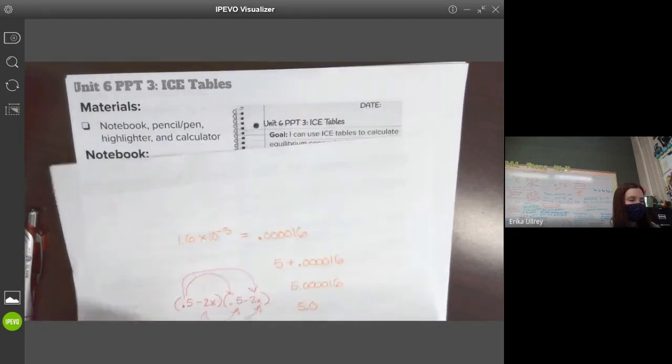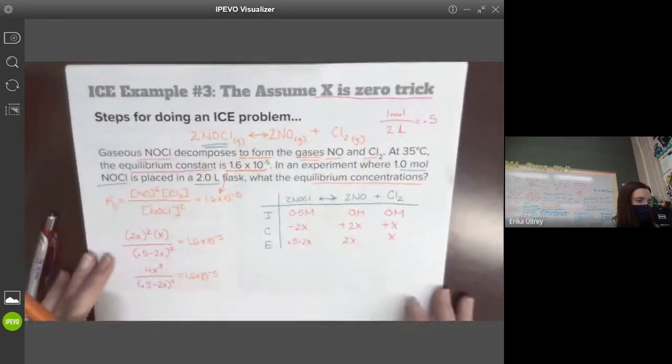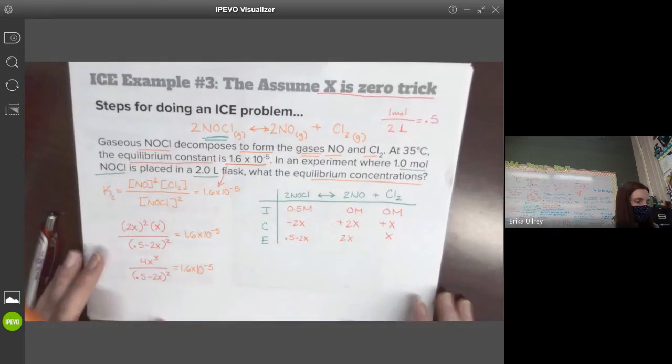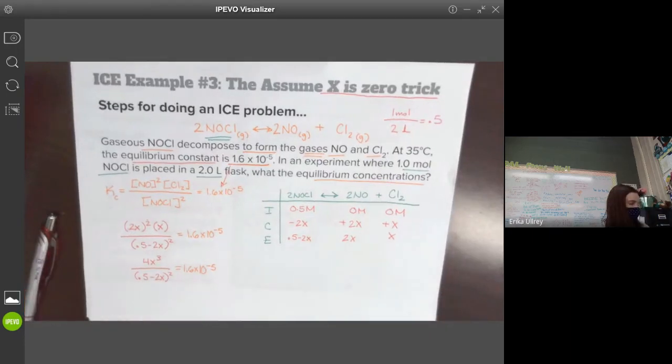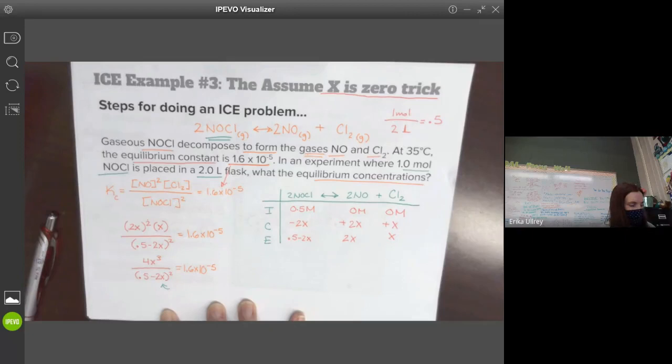Okay, so here's the trick. And Ami, I think this is what you were referring to when you asked me where did that number in the bottom go? What you can do is assume x is so small that it's 0.